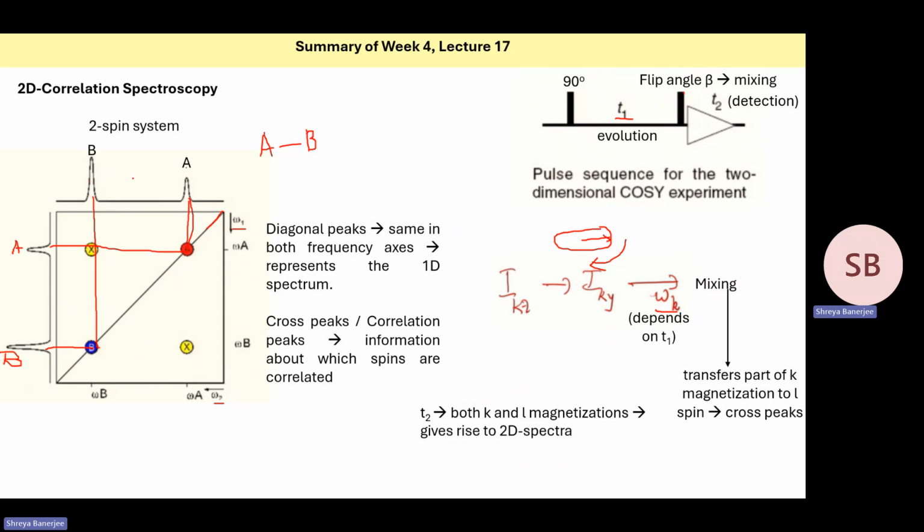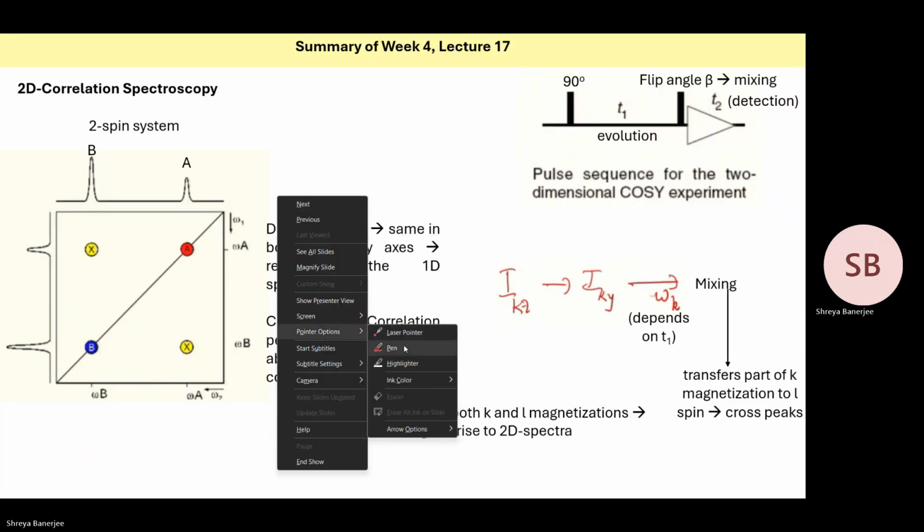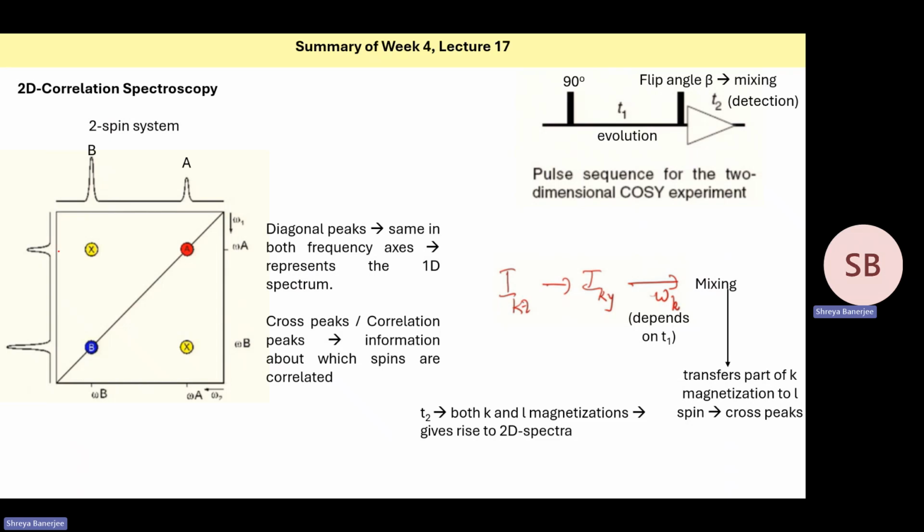So it is not of much use. However, the cross peak or correlation peak, also called the non-diagonal peaks, is where all your information is.